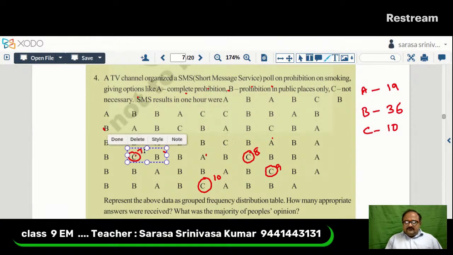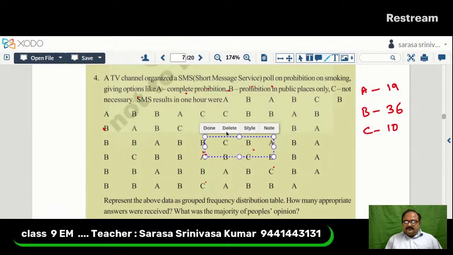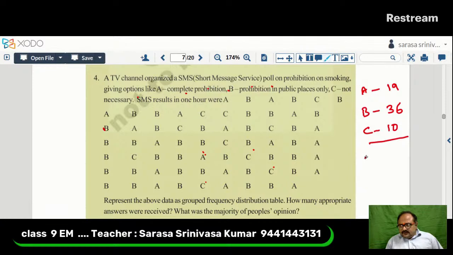If we add all these options, 19 plus 36 plus 10. 10 plus 36 is 46, and 46 plus 19 is 65. So the total number of appropriate answers was 65.